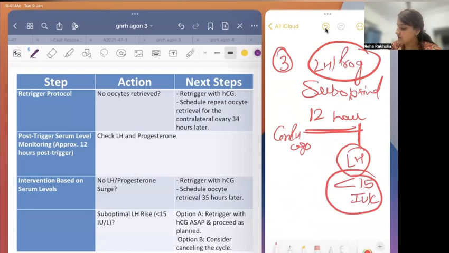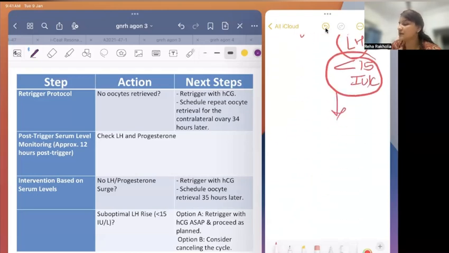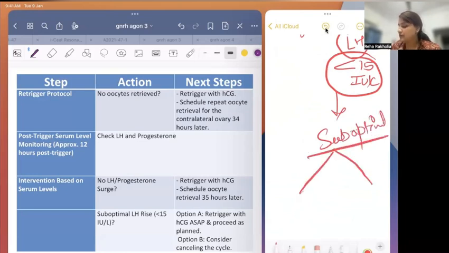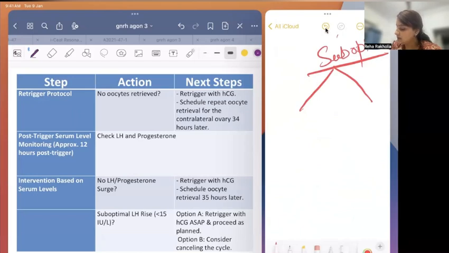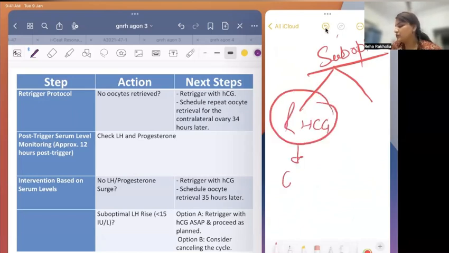It is a surge, but not optimal, a suboptimal surge. In this case, there are two things we can do. First, A: we'll retrigger with HCG but plan our retrieval according to the GnRH agonist trigger.